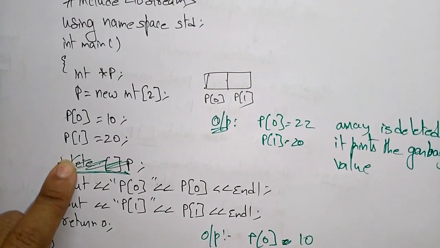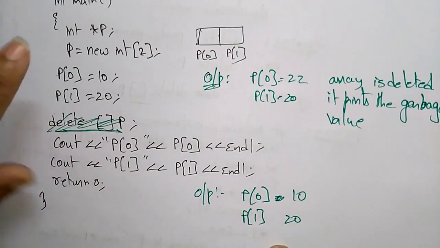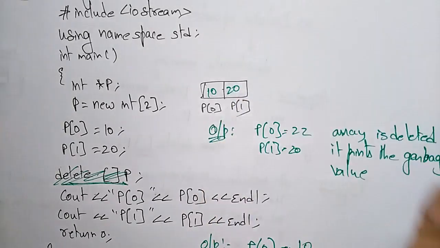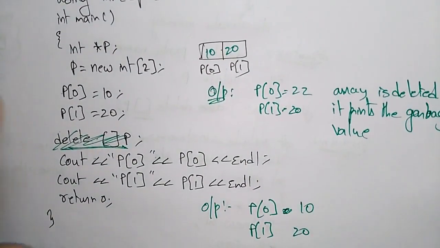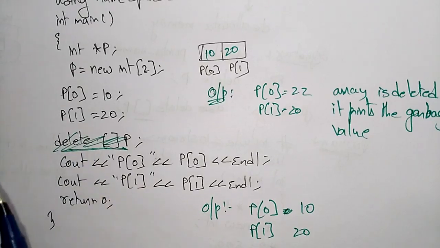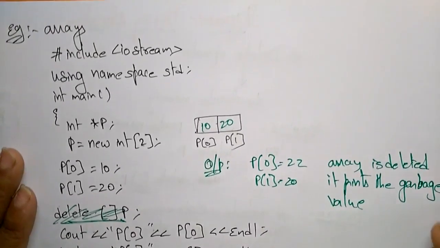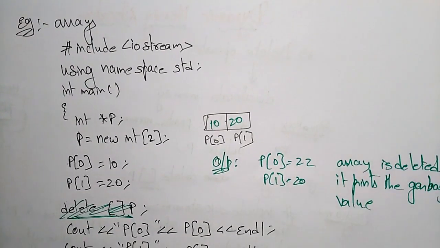If you didn't delete it, it just created a location and prints the values 10 and 20 in that particular memory location. If you use the delete operator, some garbage values will be printed instead of the user values.